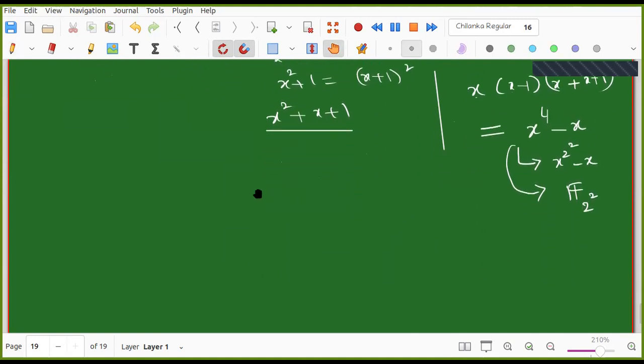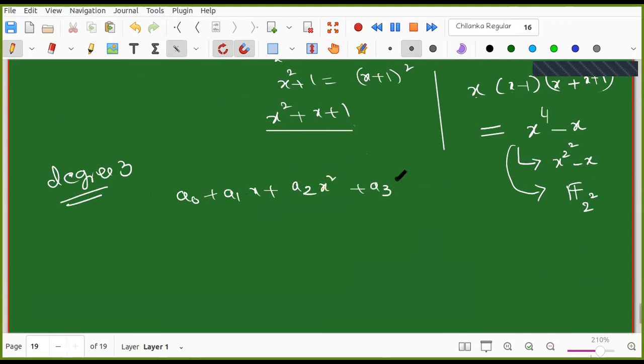We go further. Let us work out degree 3. Degree 3 irreducible polynomials, can somebody help me now? Again, write a0 plus a1x plus a2x square plus a3x cube. So these are the polynomials of degree 3.